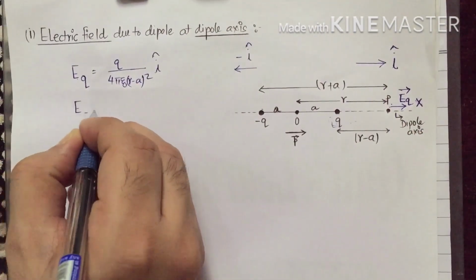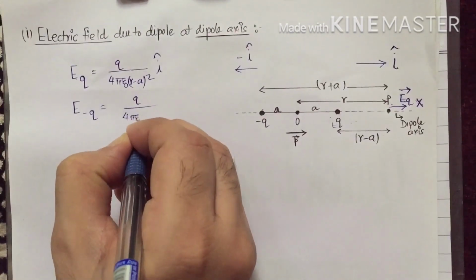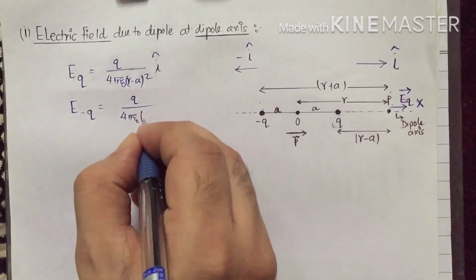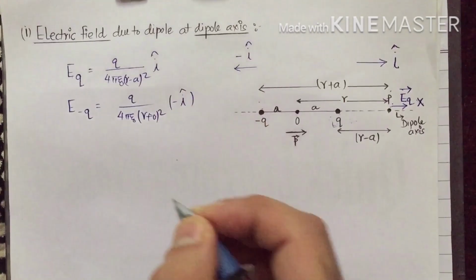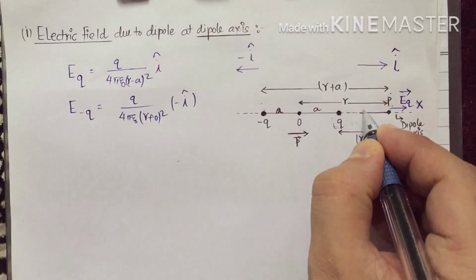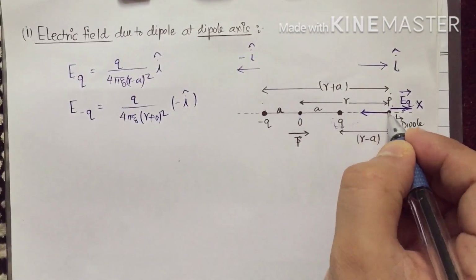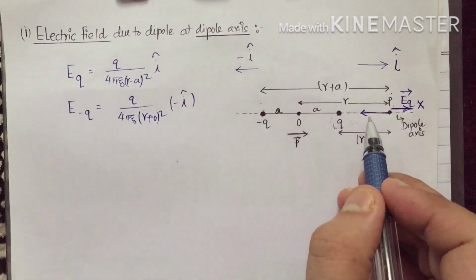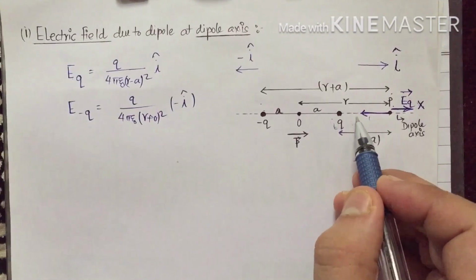Similarly, the electric field due to negative charge is given as q divided by 4 pi epsilon naught. The distance of minus q from P is r plus a, so this is (r plus a) whole square into minus i cap, because minus q has a tendency to attract the test charge present at point P, but the attraction is very low as compared to the repulsion due to charge q.